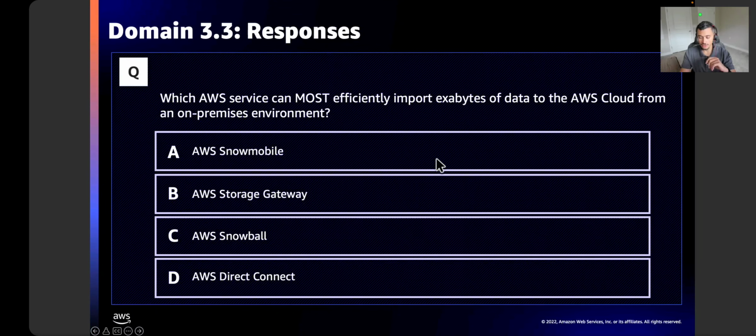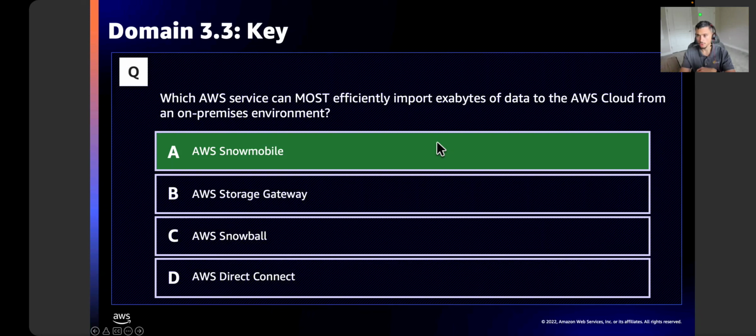Okay, so very good. The correct answer is Snowmobile. That's the only exabyte-scale data transfer solution. AWS Snowmobile is an actual 14-wheeler truck that drives to your data center. It's packed with storage modules in the back, and you simply wire it to your local area network.